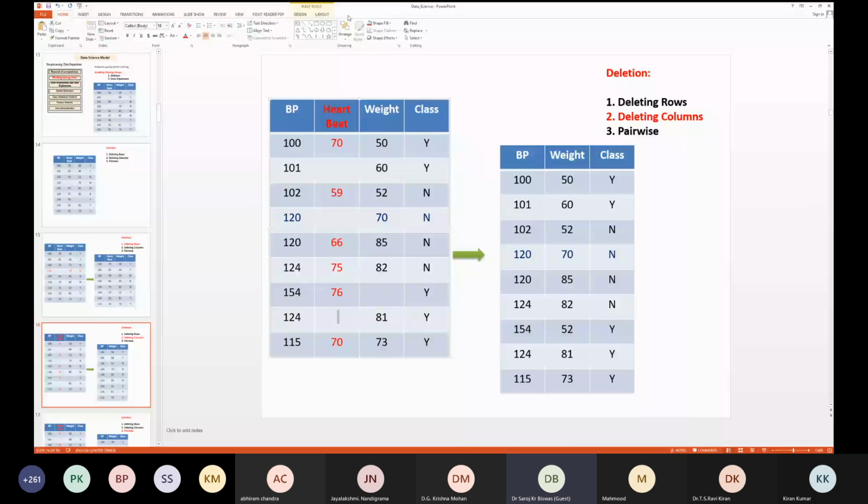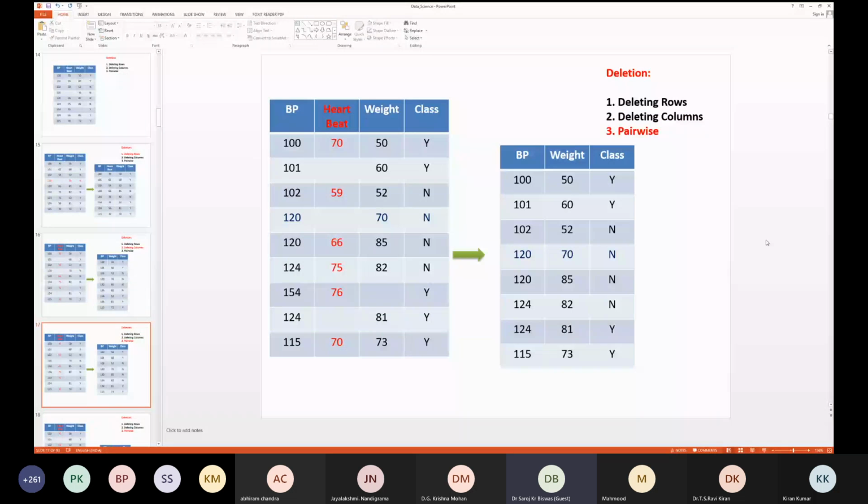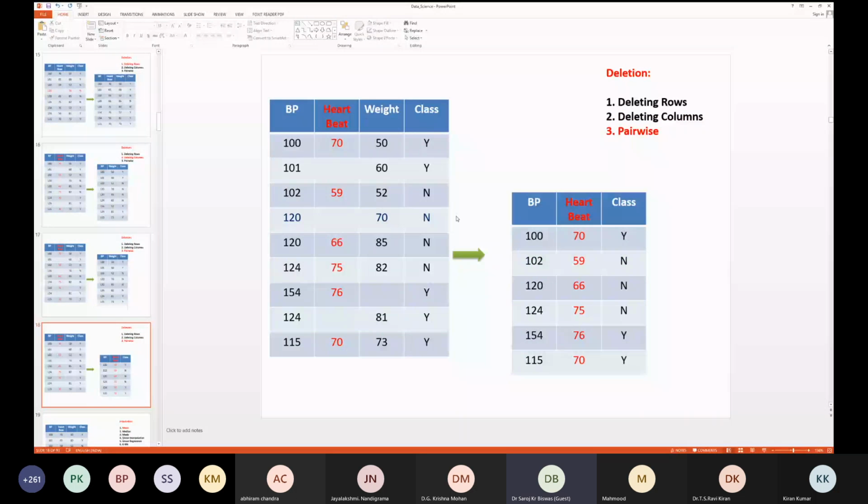And now the pairwise deletion. Say we have 3 independent parameters and 1 dependent parameter. Now say we are interested in doing the analysis with 2 independent parameters and 1 dependent parameter, and they are BP and heartbeat. We are not going to consider the weight, so we are not going to treat this one.